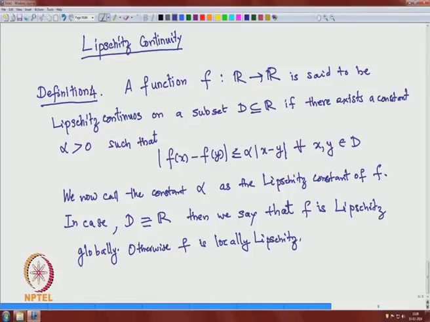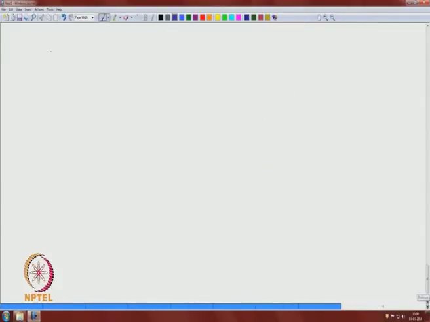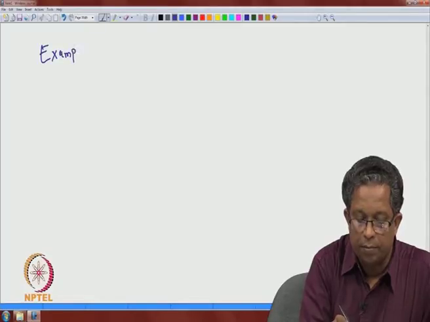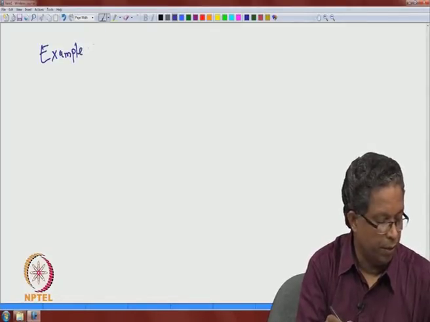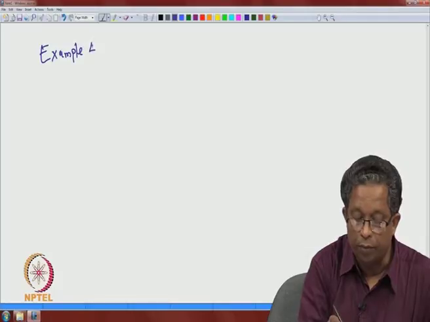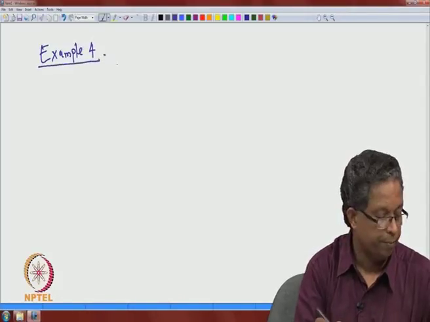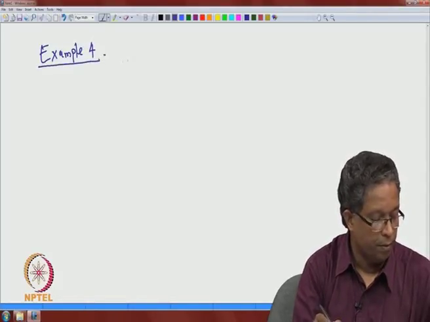Now, we take a few examples showing the Lipschitz continuity. So, example 4.